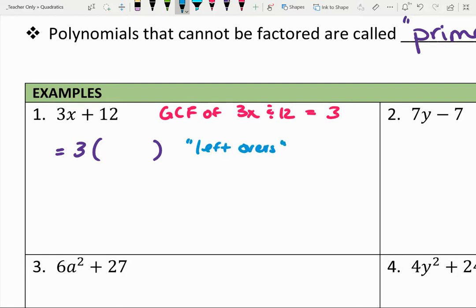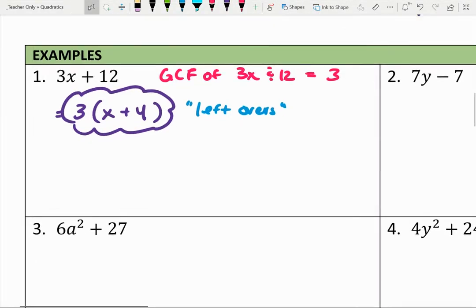If I take a 3 out of 3x and I take a 3 out of 12, what will be left behind? Well, 3 and x would make that 3x, and 3 and a positive 4 would make that 12. So my factored version is 3 times x plus 4.